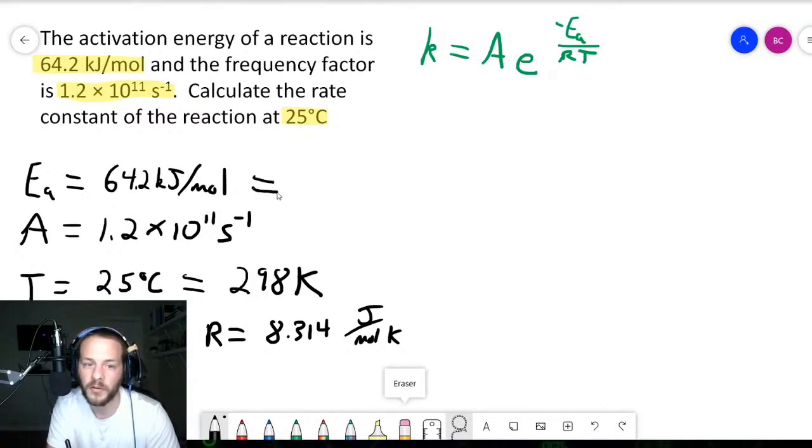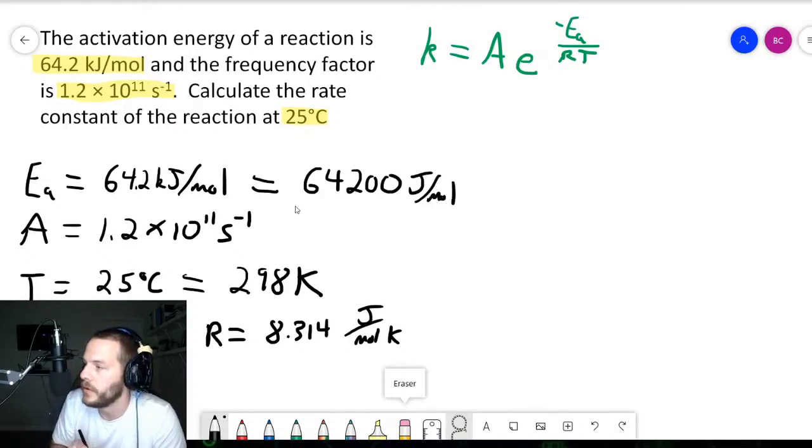So I'll do the conversion sort of in my head. Normally I would write these things out as conversion factors and cancel my units, but I'm pretty sure you guys are advanced at this point, so I can just skip ahead. So 64.2 kilojoules per mole is going to be 64,200 joules per mole, right? 64,200 joules per mole is the same as 64.2 kilojoules per mole.